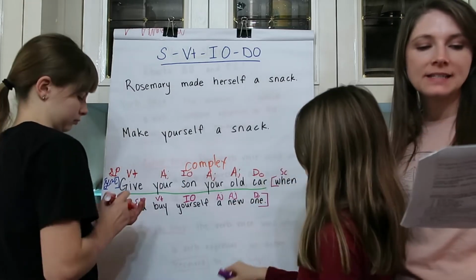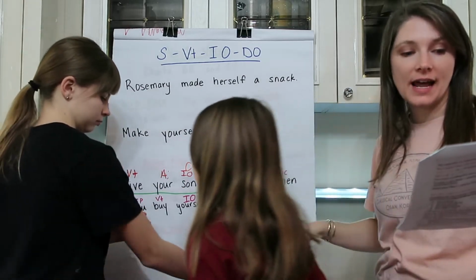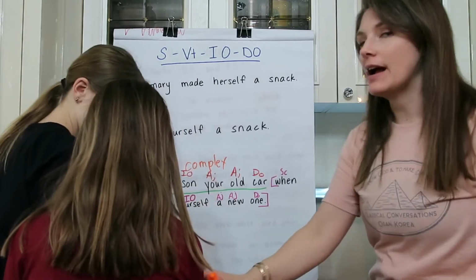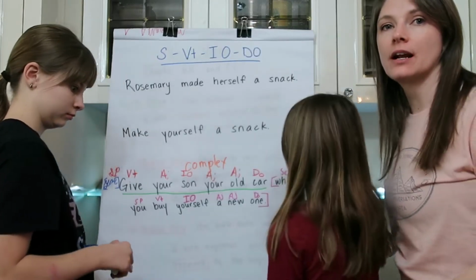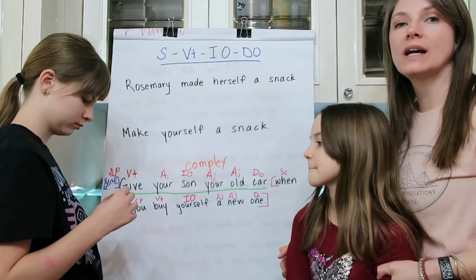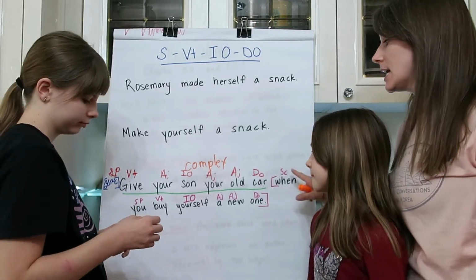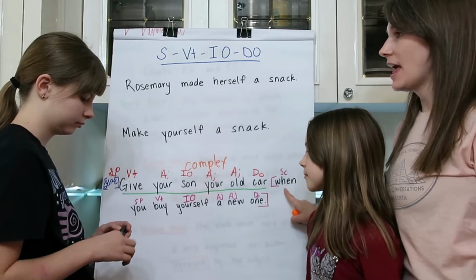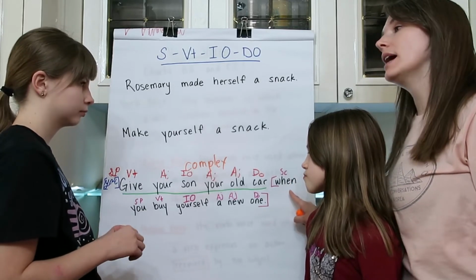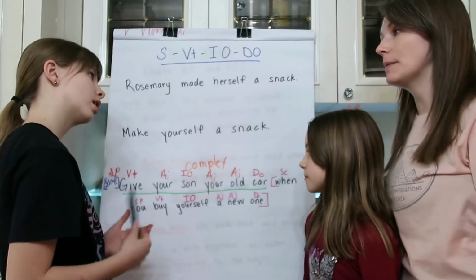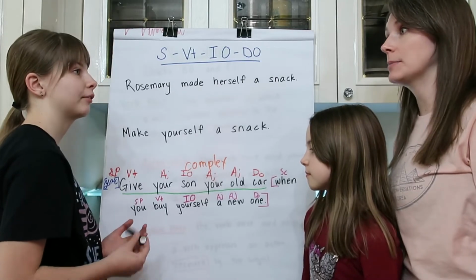Okay, so once we've figured all of that out, we need to figure out what type of clause we have so that we know how to diagram it. It starts with when. So what kind of clause is that going to be? We have two options. Adverbial. Okay, good.